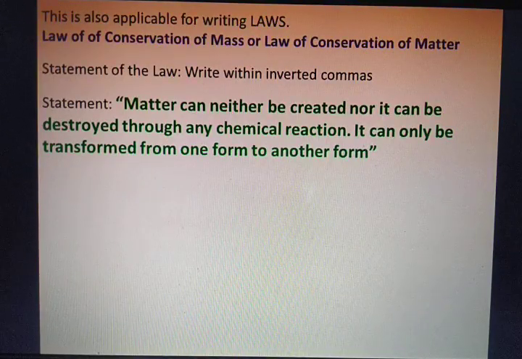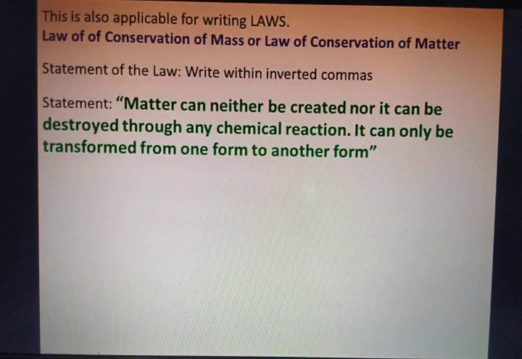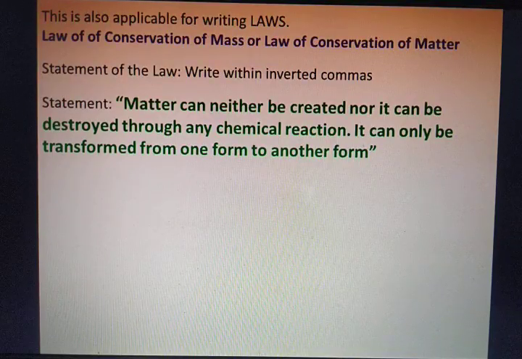Now, if I hammer matter, by cutting, by chopping, all these methods are the maximum. If I can even compel any substance to undergo a chemical reaction, then also matter cannot be created nor destroyed. What I can maximum do is transform matter from one form to another form.